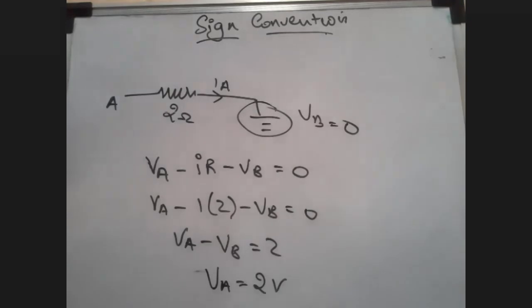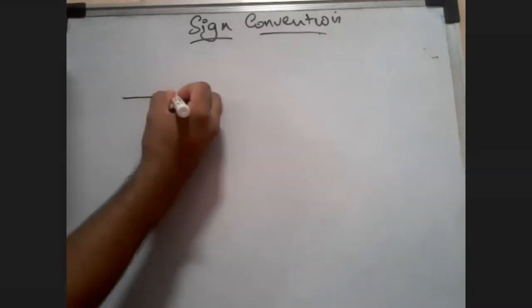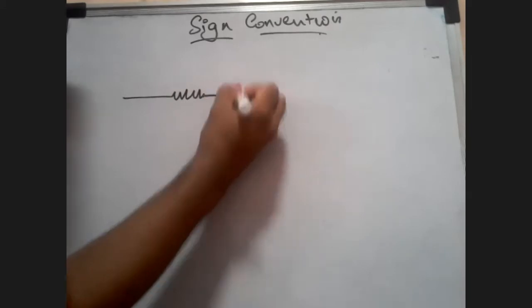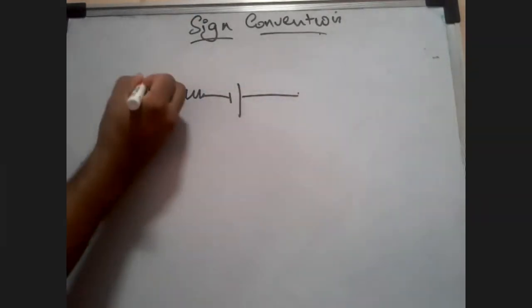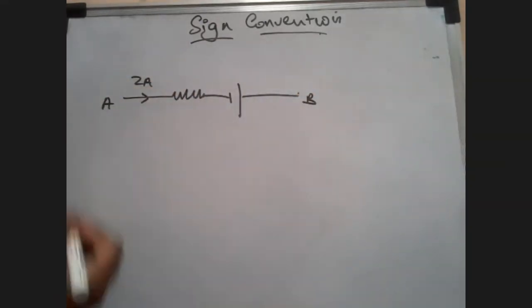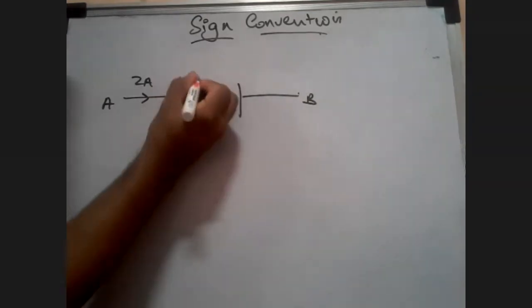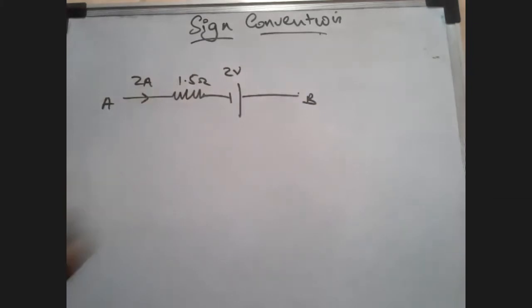Okay, let's go a little bit further. Let's go to this one. Let's say this is 2 amperes. This is A, this is B, and this is 1.5 ohms. And the potential difference of the battery is 2 volts.